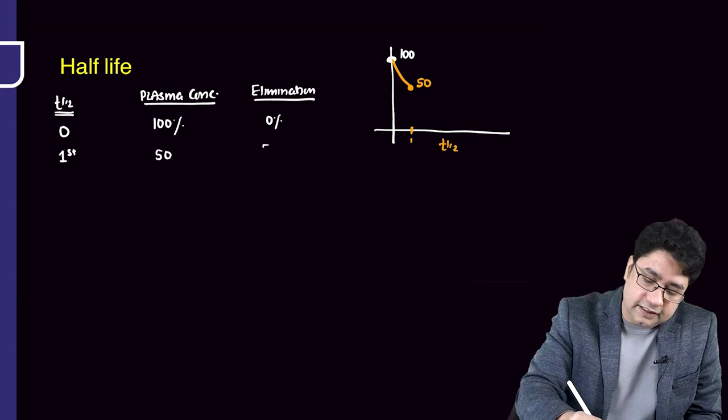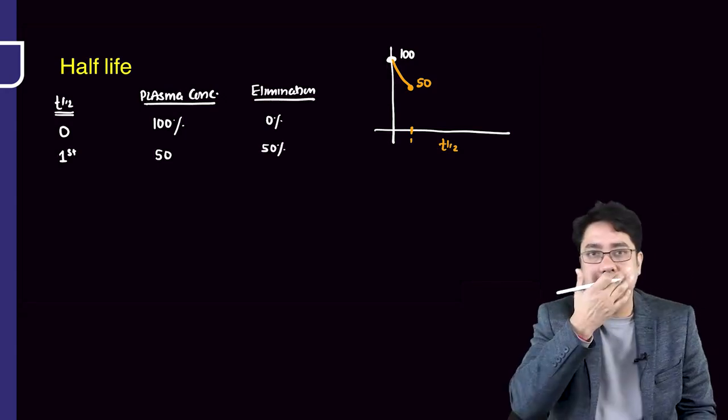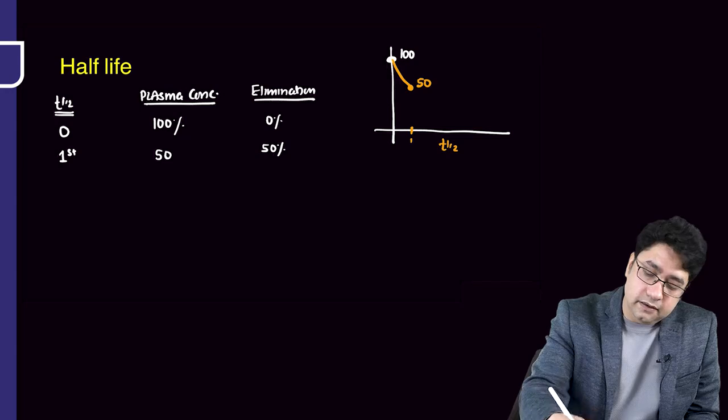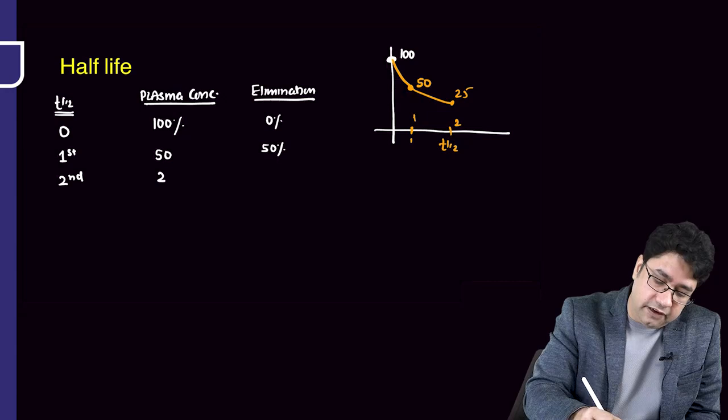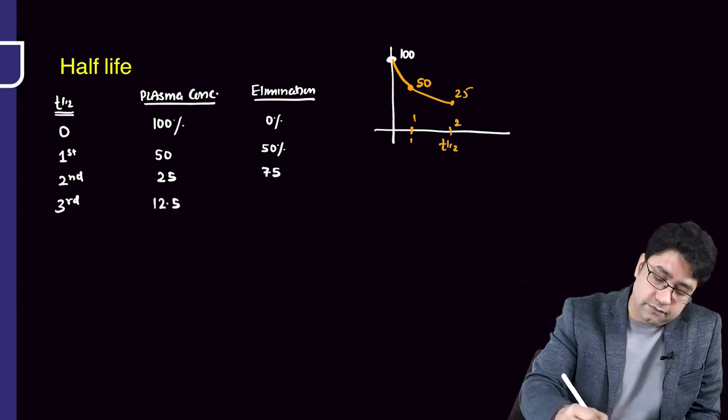And how much drug gets removed out of the body? 50%. Similarly, in the second half-life, the drug becomes half again: 25, and 75 eliminated. Sir, in the third half-life, 12.5, and 87.5.